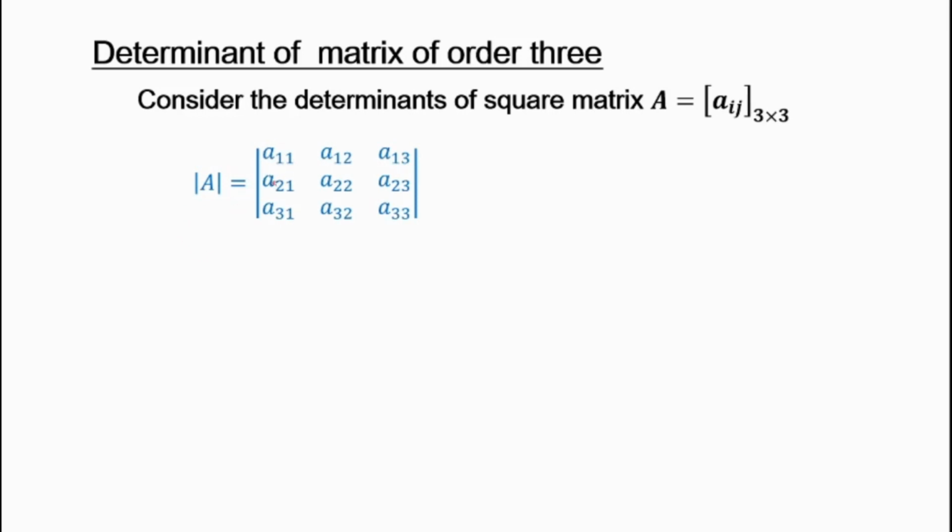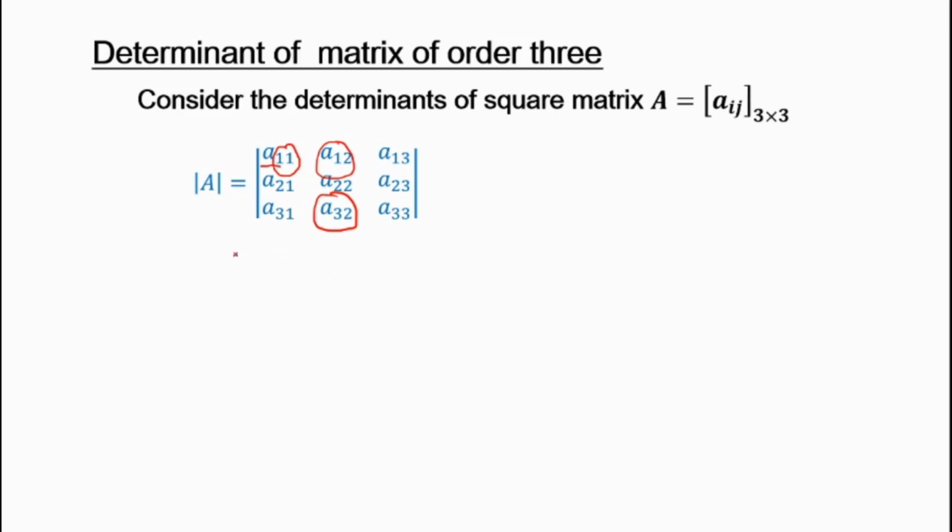The determinant of A is the determinant of a11, a12, a13, a21, etc. Here we already know the suffix a11 denotes the row and column. That is, the element lies in the first row, first column. a12 lies in the first row, second column. Suppose you take a32, the element lies in the third row and the second column.